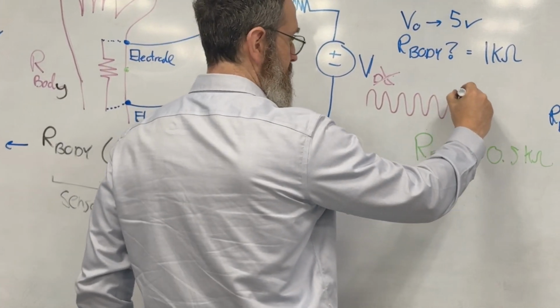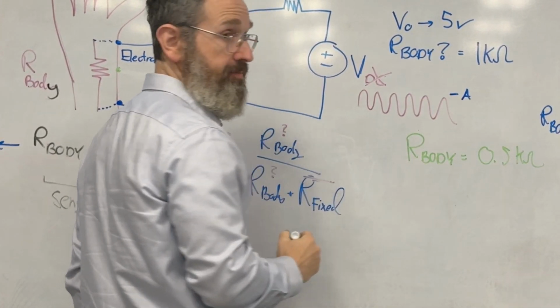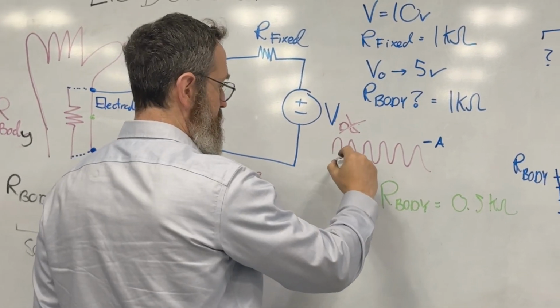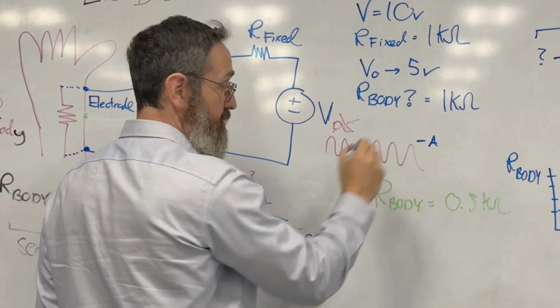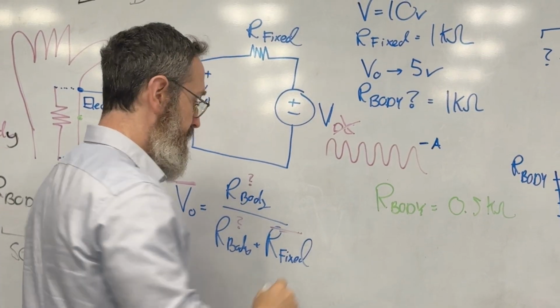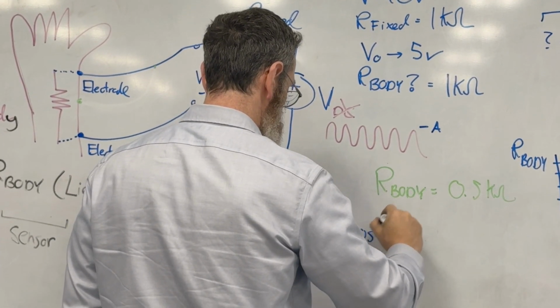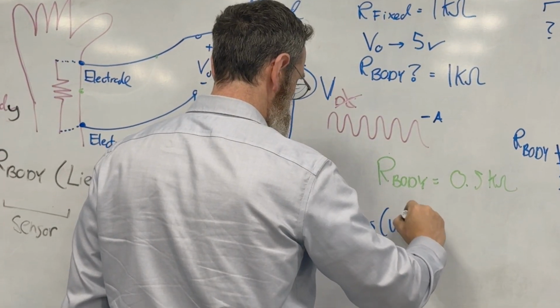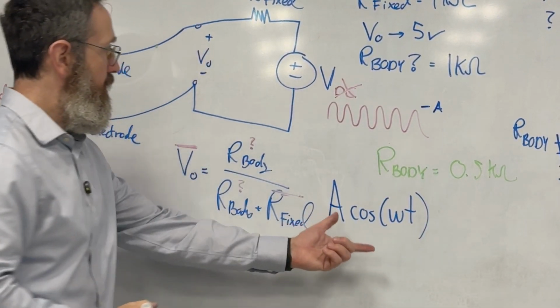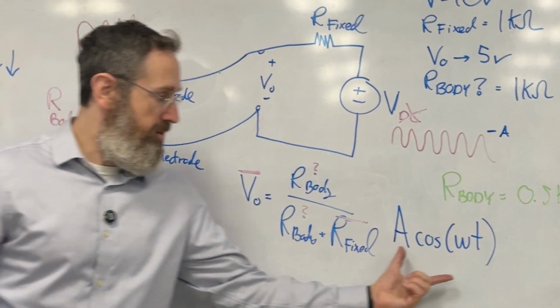Let's say that sinusoid has an amplitude A and a certain frequency, the angular frequency W. So we're going to have A cosine of WT.